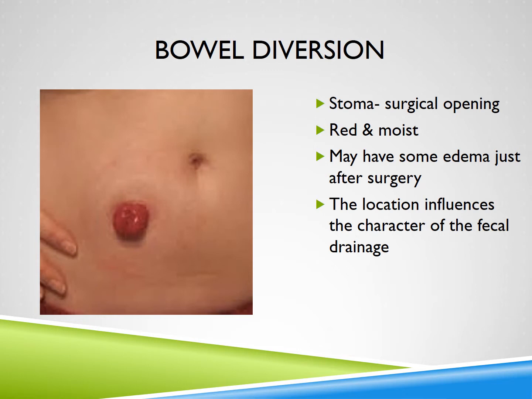And the location of the stoma will definitely influence what the character of the stool is. When the stoma is in the ascending colon, because that area of the colon is right after the small bowel, you are going to see a more liquid stool. When the stoma is in the transverse colon, that stool may be slightly more formed.